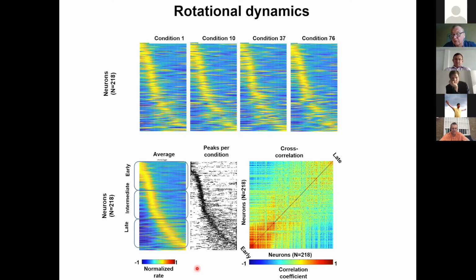This is actually not very new. I just showed it from my own paper, and other people observed these waves. But what is interesting here is that when I ordered these neurons the same way as here for different conditions, you can see the same wave. Basically, whatever happened in their experiment, their conditions were similar enough, and there was an orderly fashion in which these neurons were activated.